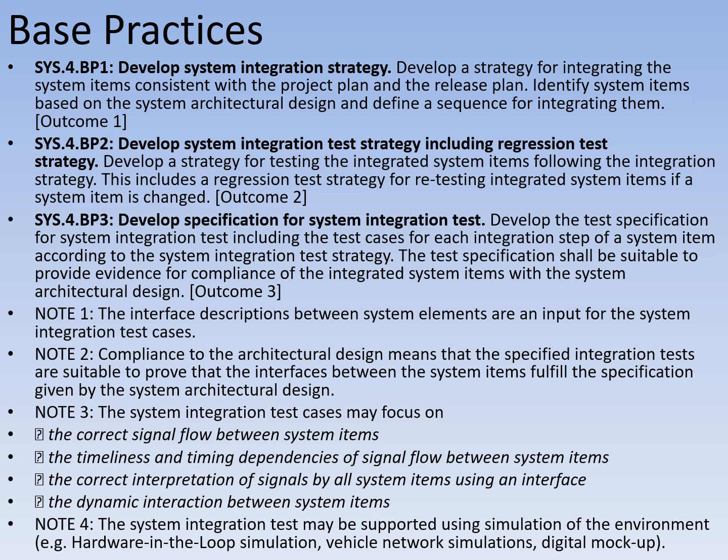Compliance to architectural design means the specified integration tests are suitable to prove that interfaces between the system items fulfill the specification given by the system architectural design. This is something which I already touched upon. It is not just the various systems that need to fulfill the compliance. It is also the interfaces that need to pass the compliance.